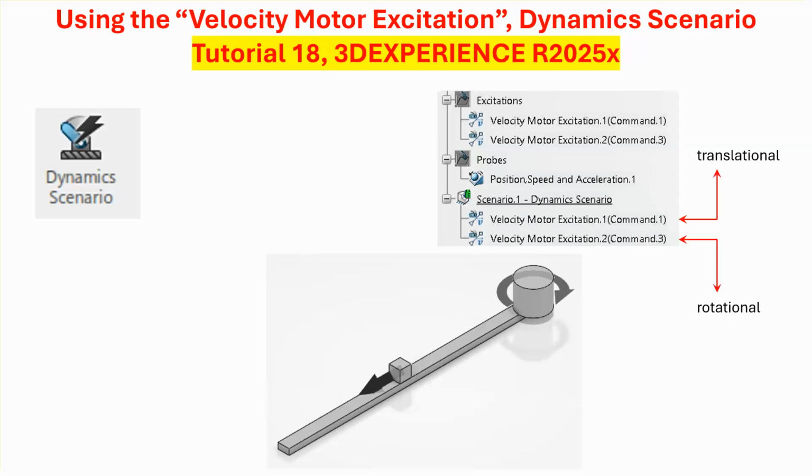Keep in mind that here I want to create two motors. One which describes the motion of the block at a constant velocity, and the other one is the one that describes the rotation of that cylinder back there, that revolute joint, as shown here.